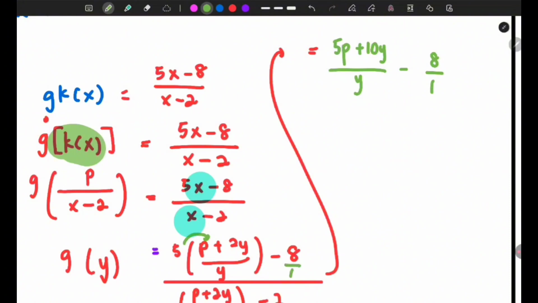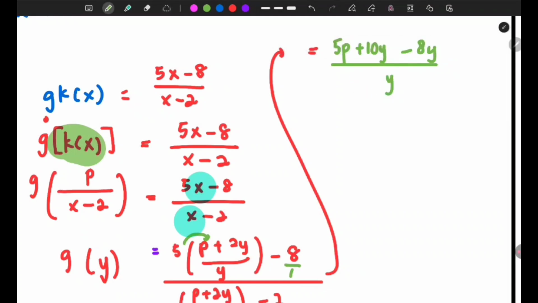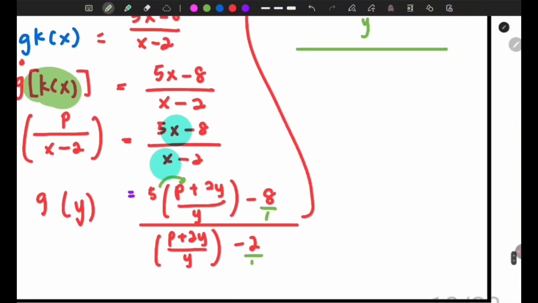Remember, whatever is just over 1. So in order to make it into a single fraction, you times y. So I write it one shot, minus 8y over the y. So over the big line.